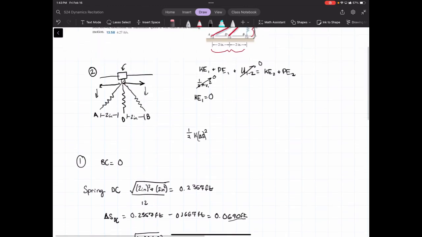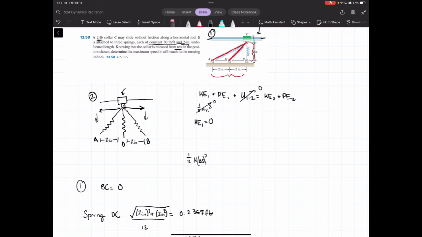Okay, so now we've taken care of state 1. Now we need to figure out the kinetic energy and potential energy at state 2. So the process for finding the potential energy is pretty much the same. We just have to find the delta S of the springs and sum them up. But this time we have kinetic energy, and that's how we're going to solve for our velocity.